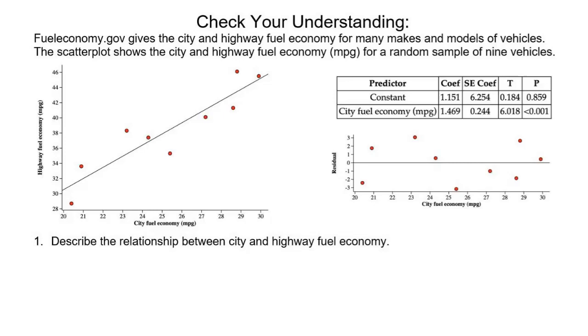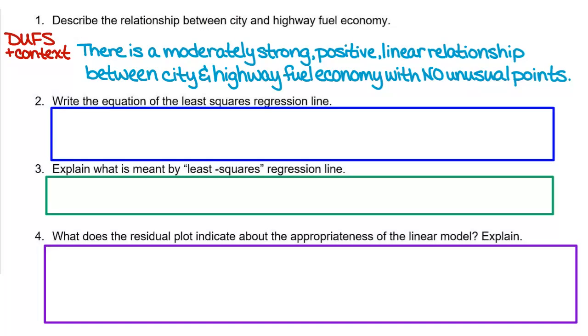I call it strong, fairly strong, moderately strong, somewhere in there. It's not weak. It has this linear shape to it, so it's not weak. So I would probably describe this by saying there is a moderately strong, positive linear relationship between city and highway fuel economy with no unusual points.